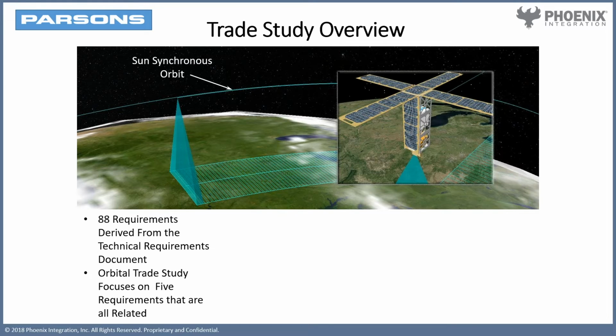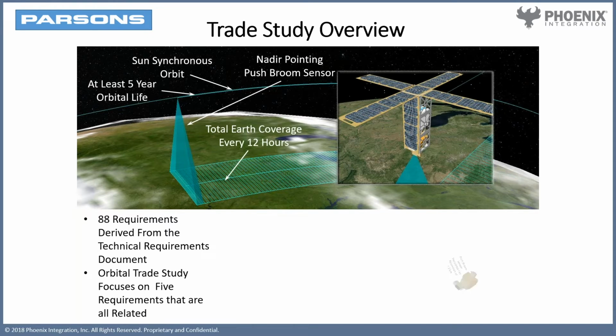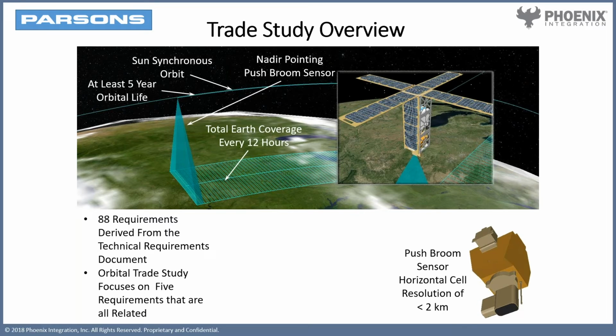This orbital trade study here focused on 5 key ones, and those included the sun synchronous orbit of the satellite, the orbital life of the satellite, the requirement that we had to have 100% coverage every 12 hours, and then the type of sensor that we're using. And specifically with the type of sensor, there was a requirement that we needed to have a resolution of less than 2 kilometers. These two were the driving requirements, the 100% coverage and the resolution of 2 kilometers.